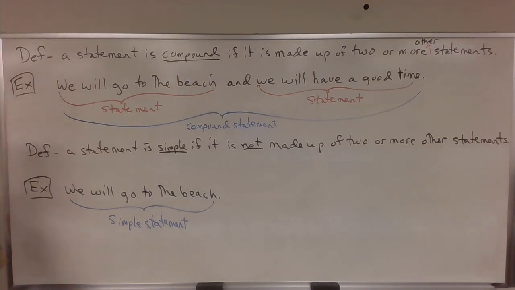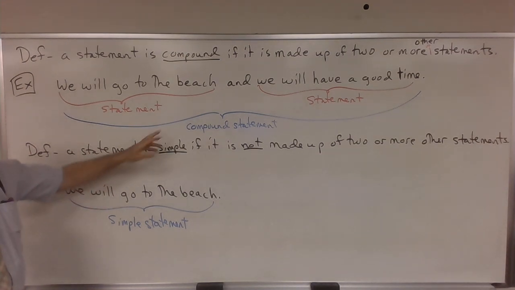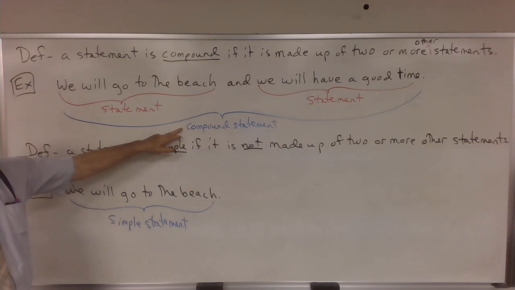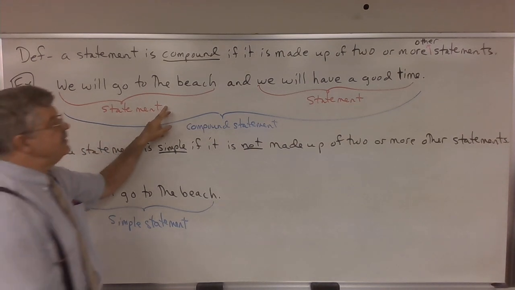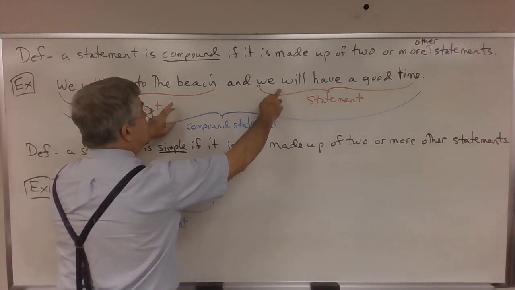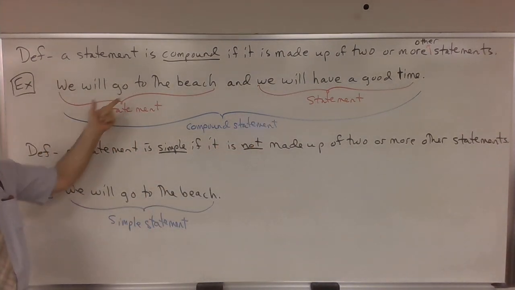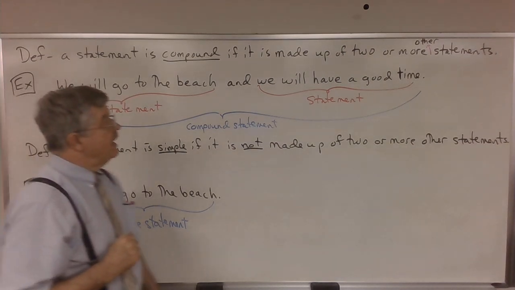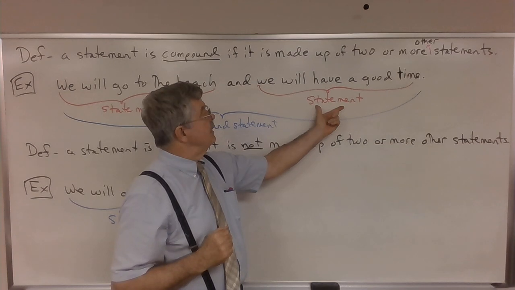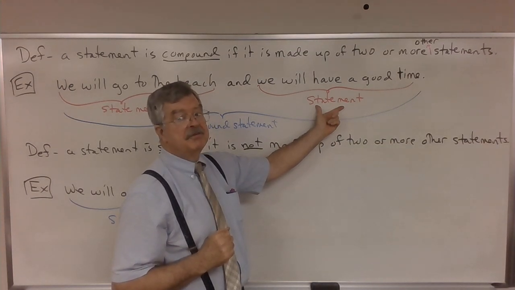Now we may have noticed that this compound statement is made up of two other statements, and each of these statements is simple. We will go to the beach, that's a simple statement. We can't break this up into two or more statements. And this statement, we will have a good time, is a simple statement.